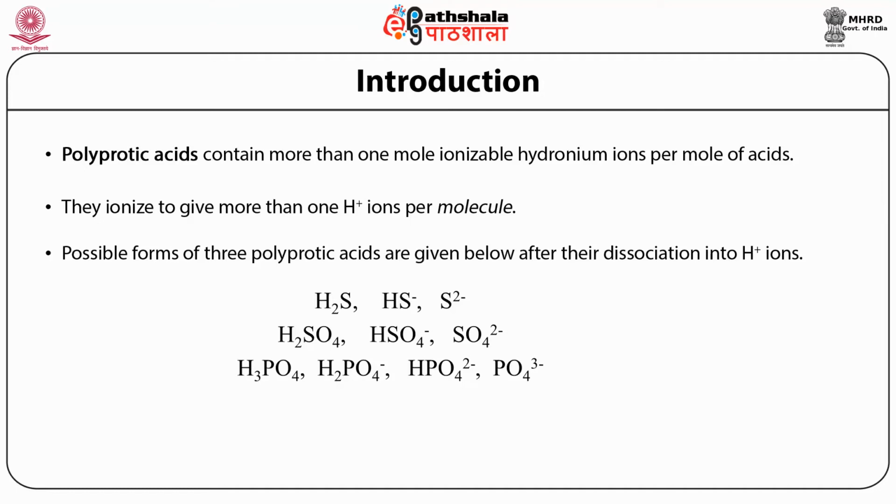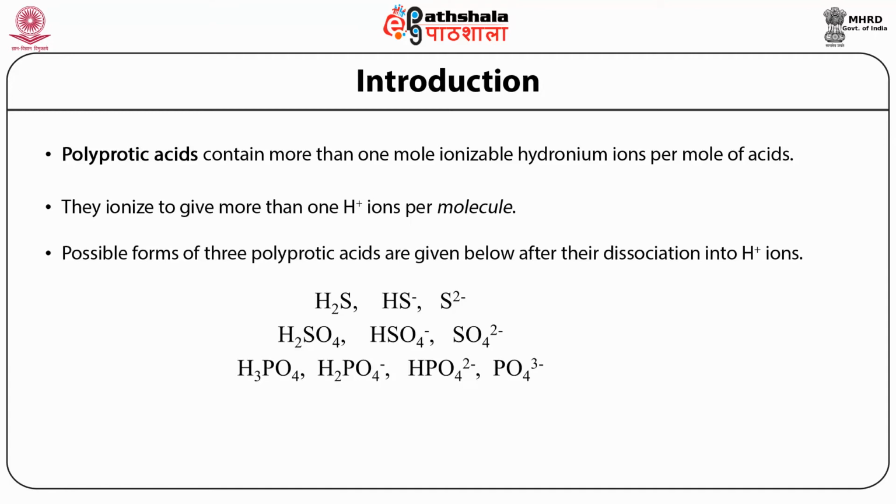Similarly, in the case of sulfuric acid, H2SO4, after dissociation one proton is lost and it gives the HSO4 minus anion, and again it dissociates, gives one proton and forms the SO4 2 minus anion.